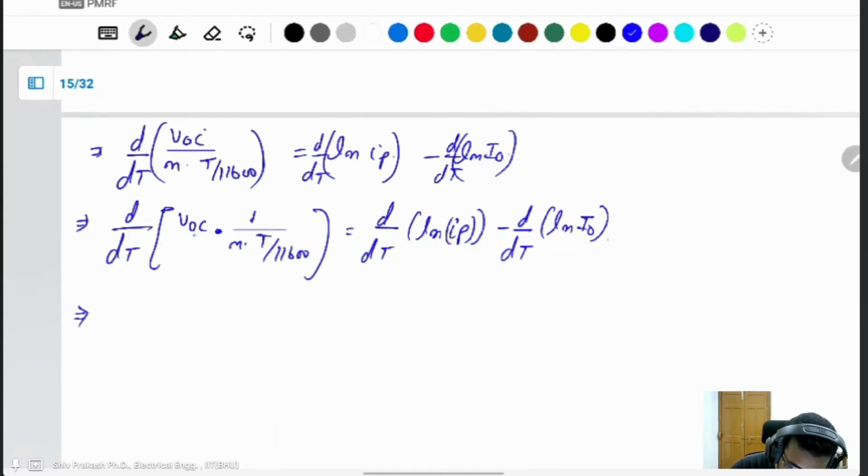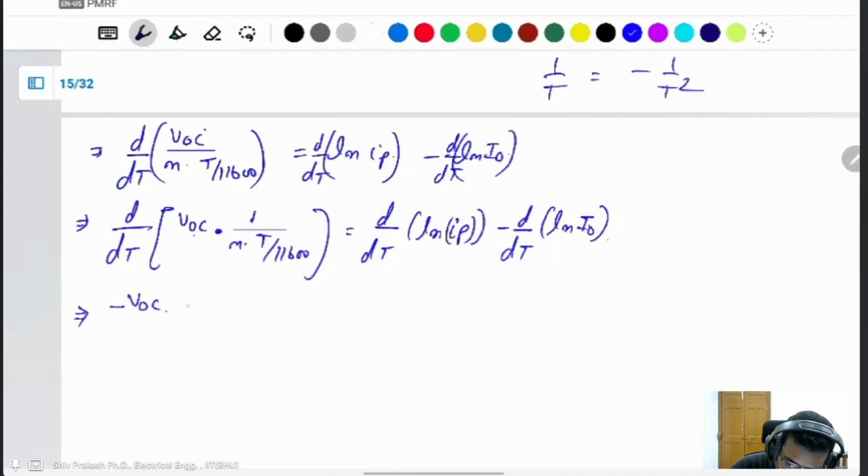If you differentiate this one first and then the second, what is the differentiation of 1 by T? Minus 1 by T square. It will be minus VOC.